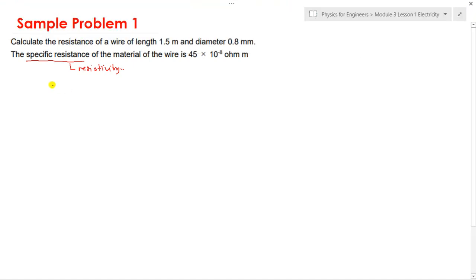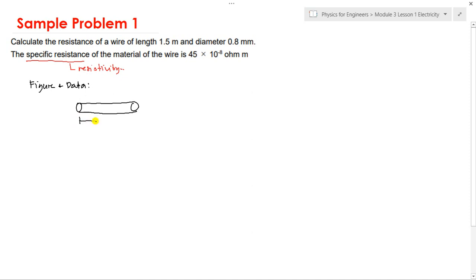Okay, we're going to draw the figure and write the data or mga data niya. So here we have a length of wire or length of a conductor.